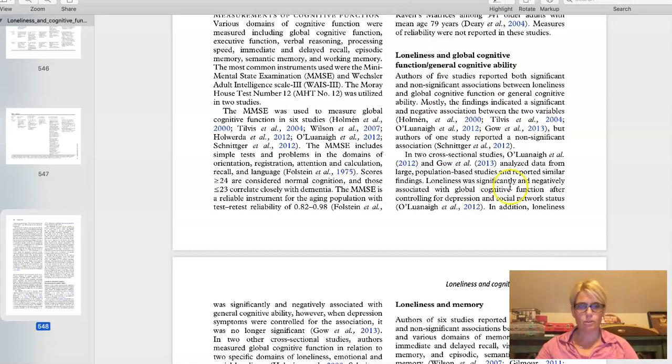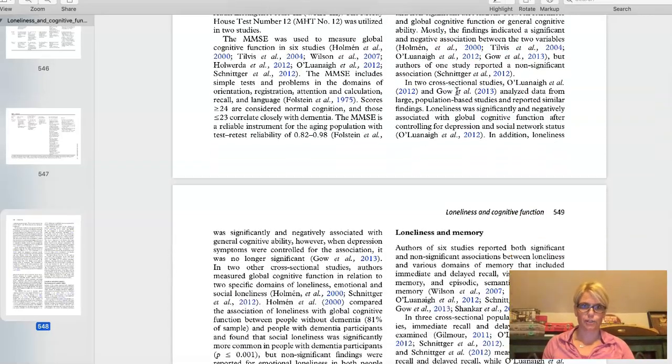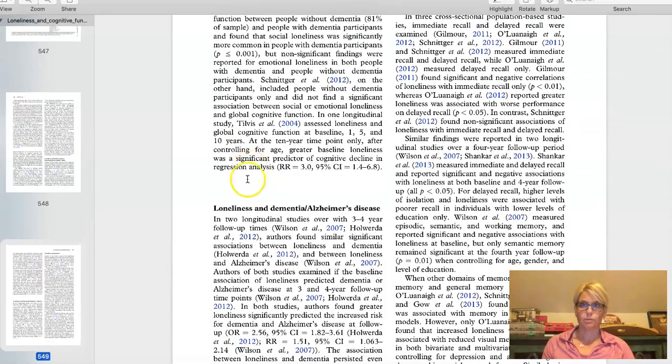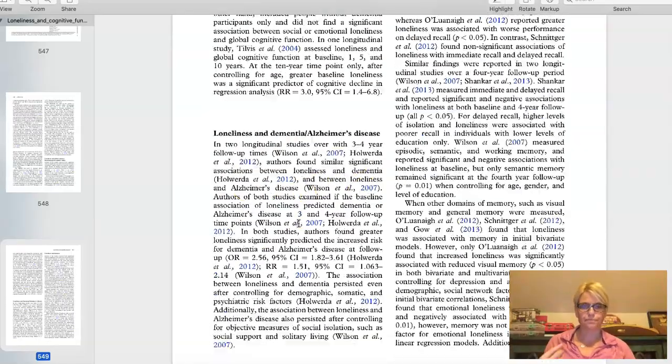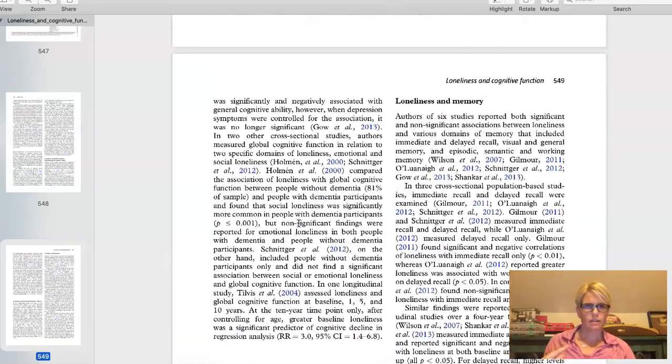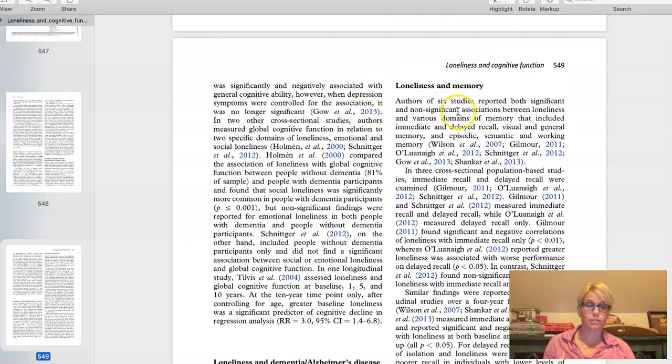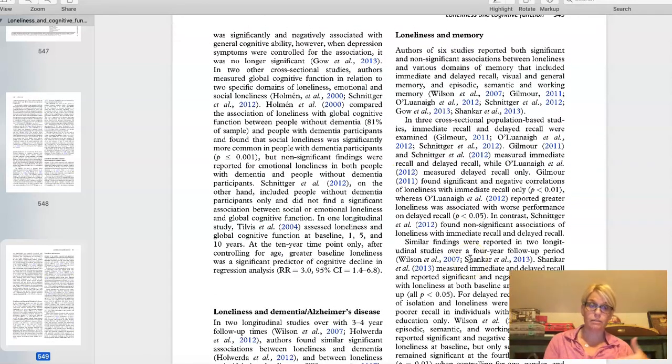So this whole paragraph talks about loneliness and global cognitive function. The next one talks about loneliness and dementia. The next one, loneliness and memory. So there were 6 studies that looked at loneliness and memory specifically in all the different types of domains underneath memory, but you can see where I didn't talk about all 6 of them one by one.